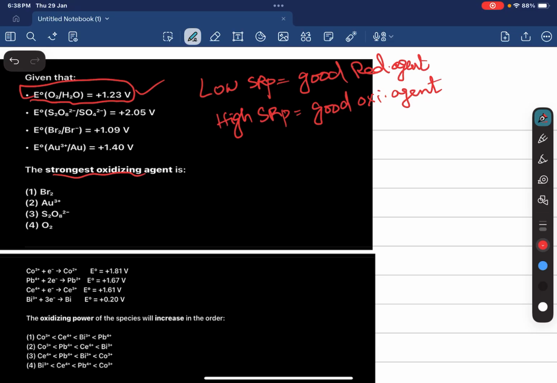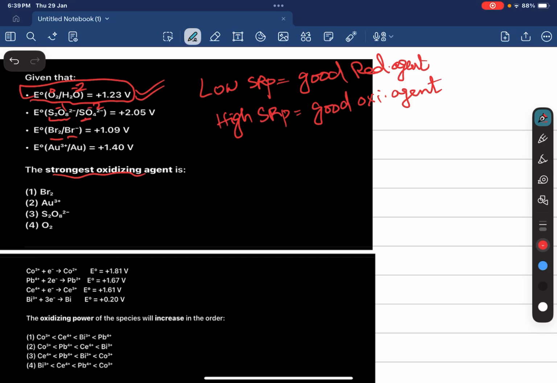Accordingly, you can see the oxidation state of oxygen in O2 is 0, and in water it is -2. So 0 to -2 means reduction. So these are SRP values only. Here H2S2O8 or S2O8 2-, this is Marshall's acid. Here the oxygen oxidation state is -1, not for every oxygen, only one of the oxygens. In SO4 2- it is -2, so it is also reduction.